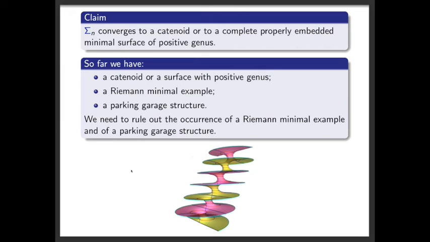So far we have that the limit is either a catenoid or a surface with positive genus, a Riemann minimal example, or a parking garage structure. So we need to rule out the last 2 bullets in order to prove our claim. I'm going to rule out the case of a Riemann minimal example, and the way to rule out the parking garage structure is more or less the same.